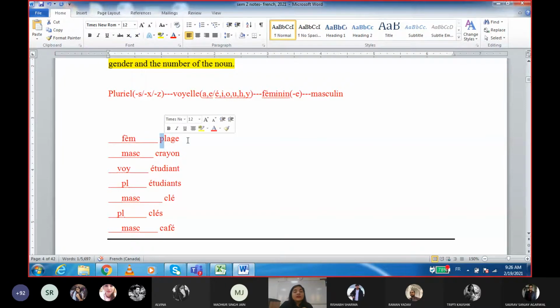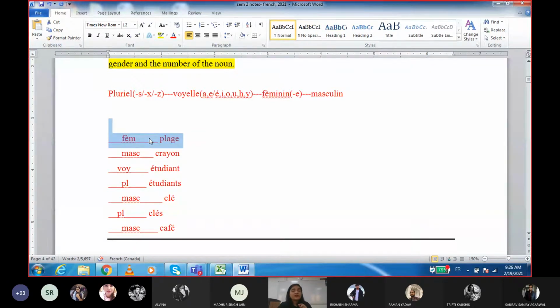Is the word ending in E? Yes. And hence I got to know that this word which was given to me in the exam is feminine in nature. I have told you 100 times till now that this particular order we have to follow every single time we see any question, so that there is no confusion regarding the gender of the word.